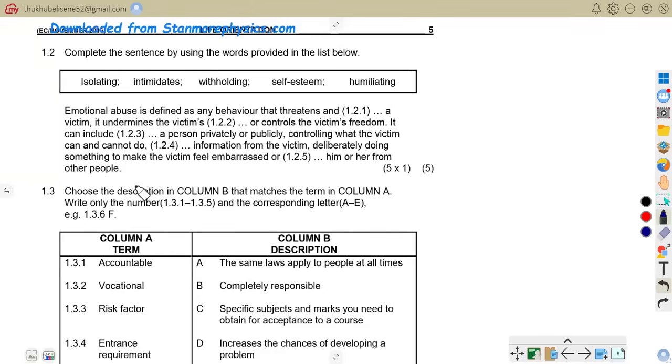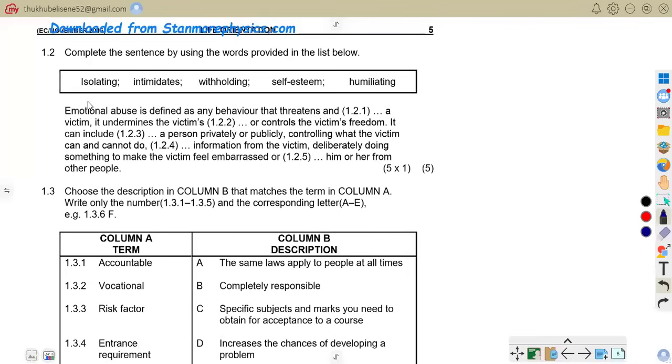So let us not waste time, and get to the sentences. We are starting now with these sentences. Emotional abuse is defined as any behavior that threatens and dash, that is 1.21, a victim.